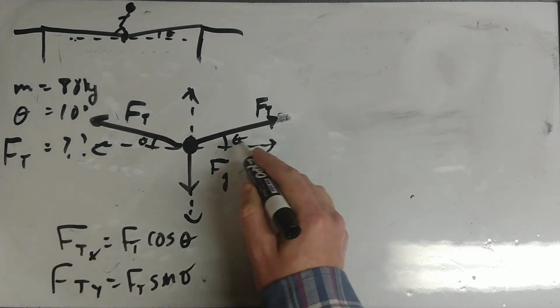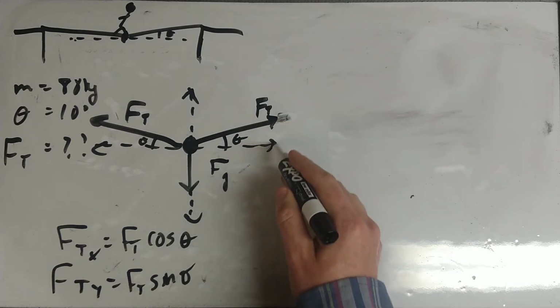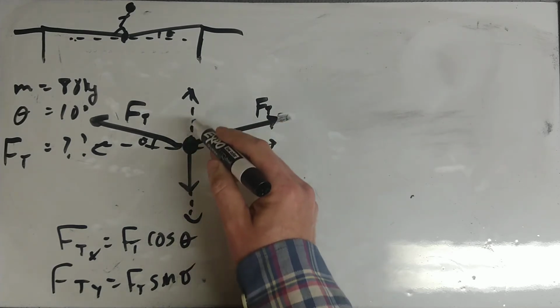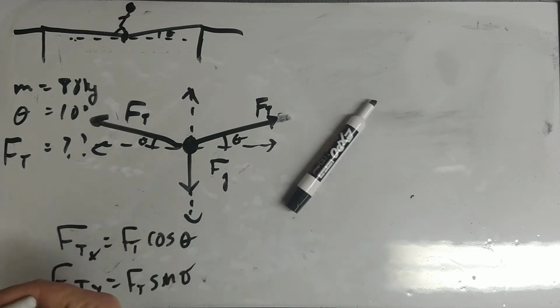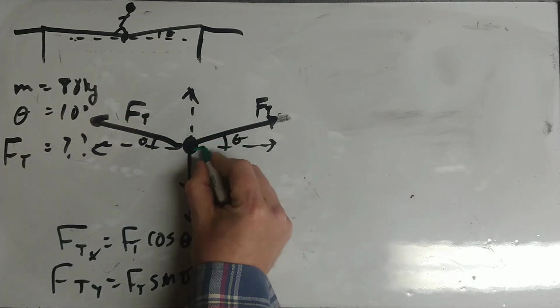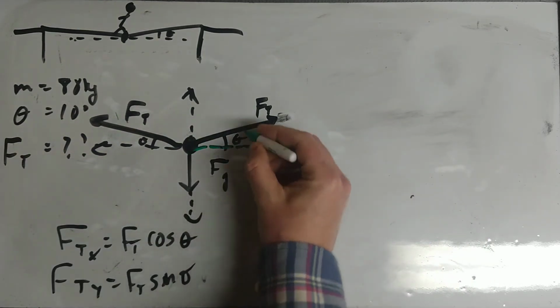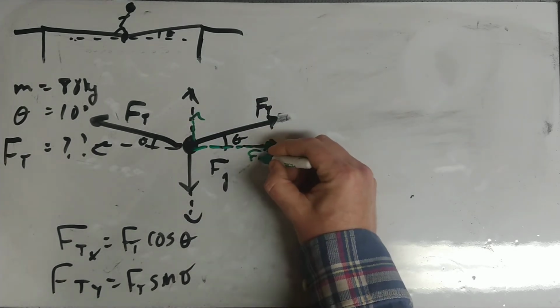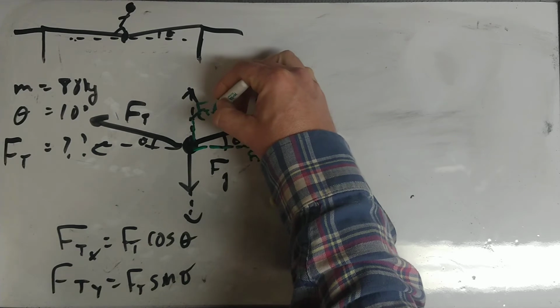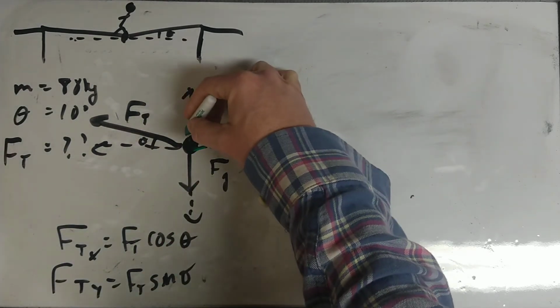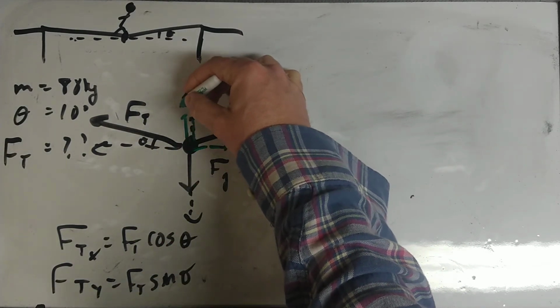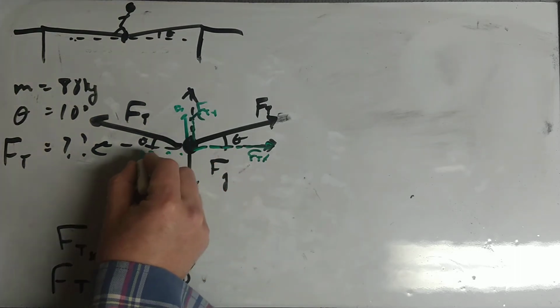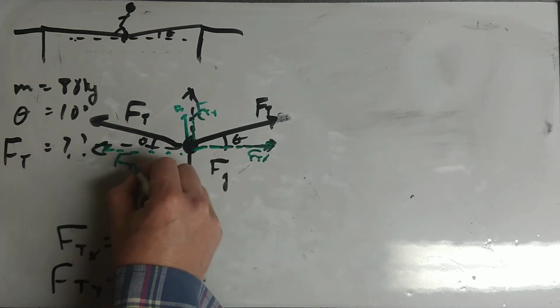Cos is the adjacent, sine is the opposite. So our two components are, I'll do it in green here, FTx and FTy. Those are components. And there's actually two FTys here, and there's an FTx going this way.